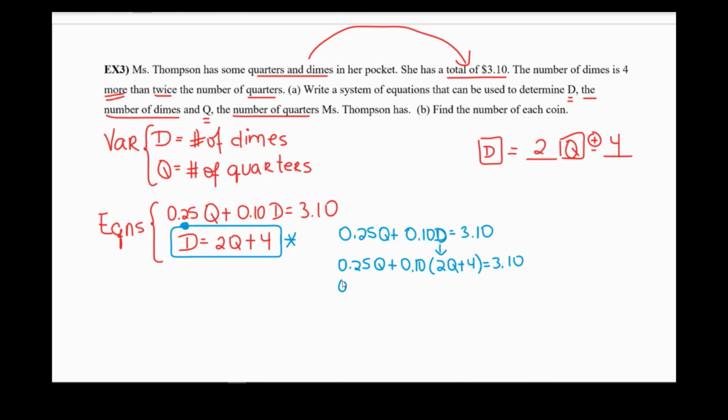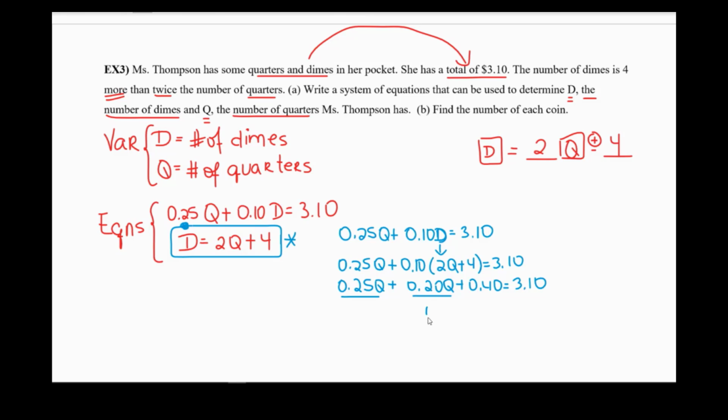So this would be 0.25Q plus 0.10 times 2 is 0.20Q, 0.10 times 4 is 0.40, equals 310. Now we're going to combine like terms.